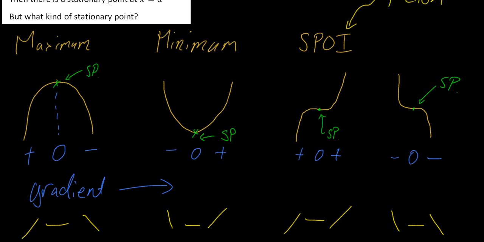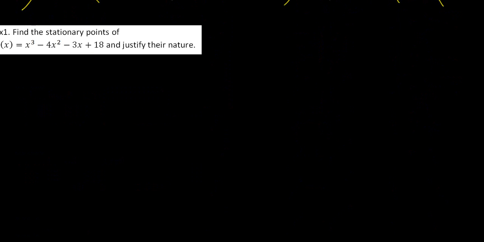Whenever you want to test the nature of a stationary point, you just find the gradient at some point on the left and right of your stationary point. We'll go through a few examples with some actual numbers rather than just describing it like this. Over here, we have a cubic function, and we want to find the stationary points and justify their nature.